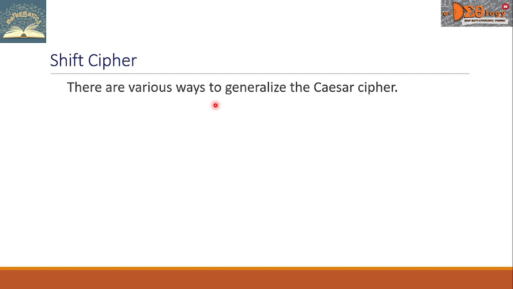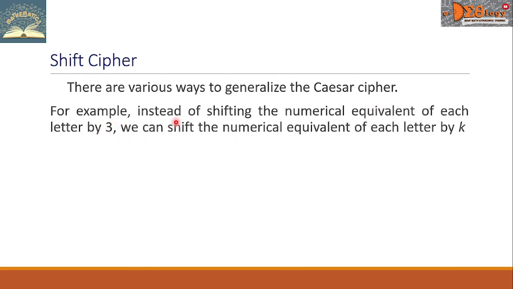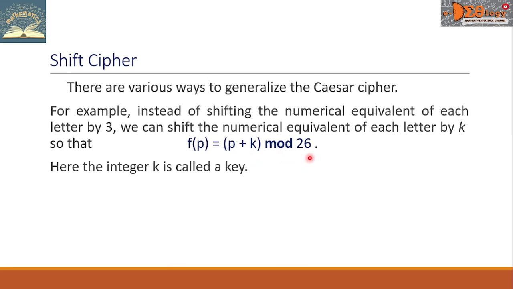There are various ways to generalize the Caesar cipher. For example, instead of shifting the numerical equivalent of each letter by 3, we can shift the numerical equivalent of each letter by k, so that the function f(p) is equal to (p + k) mod 26.